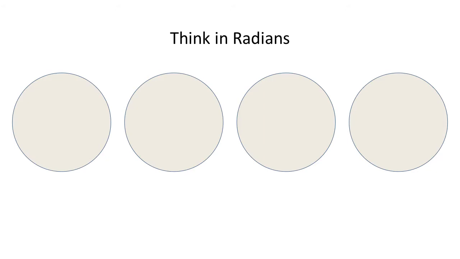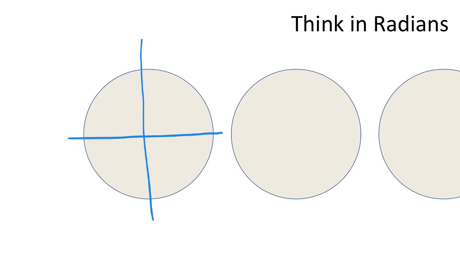So we know that all the way around a circle is 2 pi. So let's just cut that circle up into different amounts so that we can get comfortable with how big each of those segments is. Whenever we talk about angles, we're generally going to talk about angles in the Cartesian plane. And as we learned in grade 11, we always measure our angles from the positive x-axis going counterclockwise like this, okay?